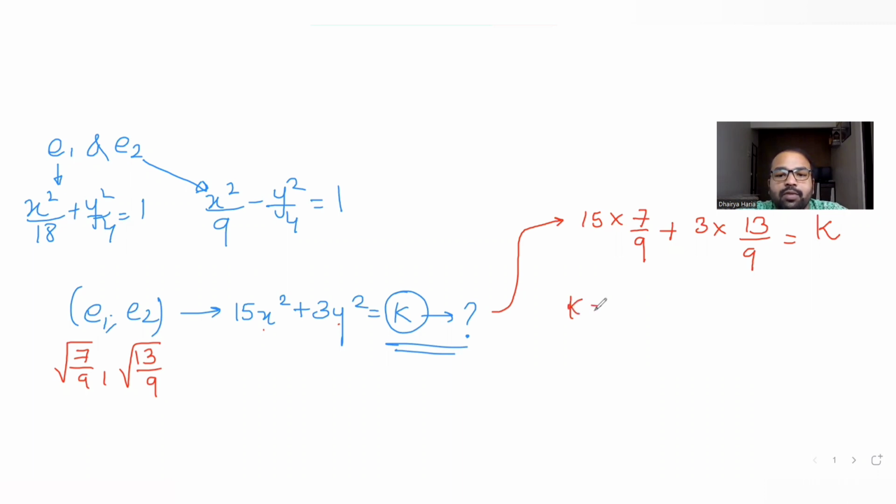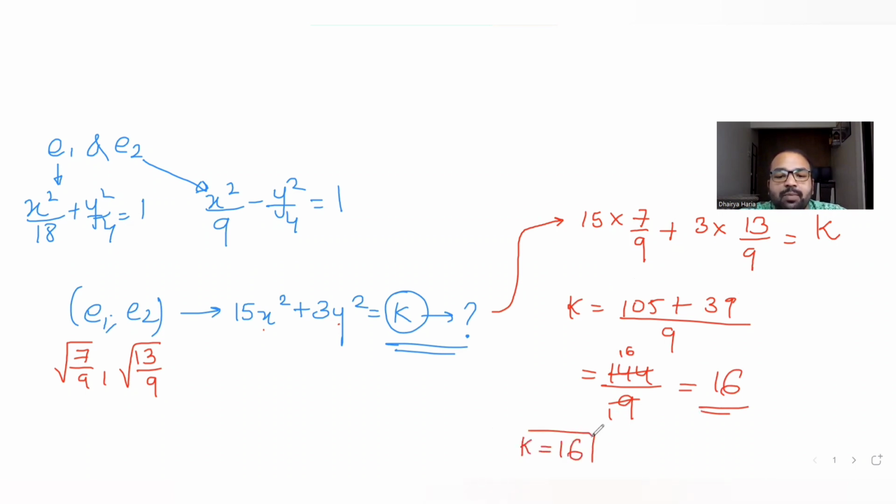So k becomes 15 into 7 is 105, 13 into 3 is 39, dividing by 9, so it is 144 by 9, and that is 16. So the value of k that will satisfy here in the ellipse equation is 16. And if you see the options, the option which matches with the answer here is C. So C is the answer for this question asked.